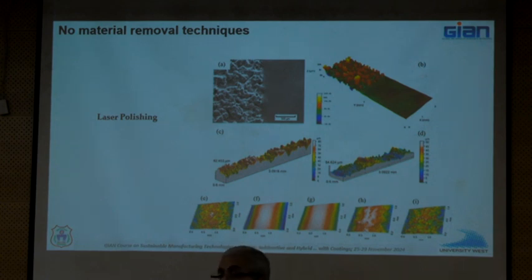But things have changed a lot over recent times. You can raster a laser at unbelievable speed, and that's one of the reasons why something like this has become very important. I have a collaborator in Poland right now and also in the Czech Republic. They do this kind of work. So we have just sent them samples to laser polish, and they cover large areas in less than a minute.